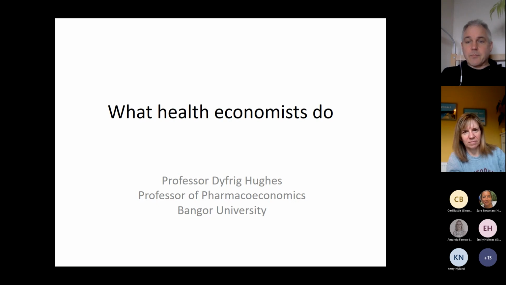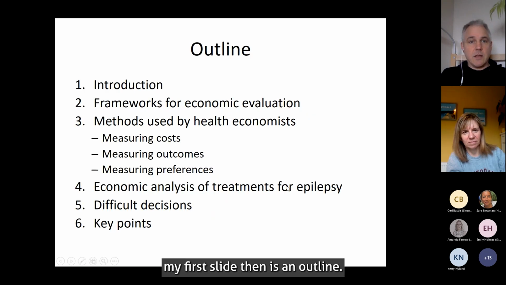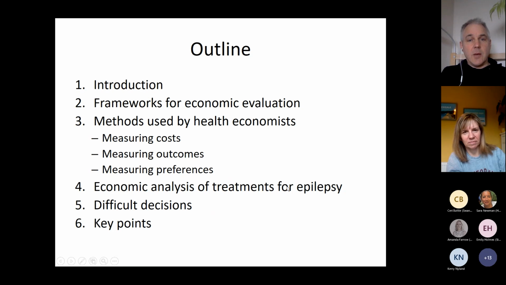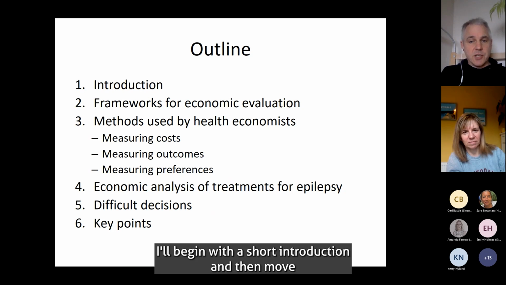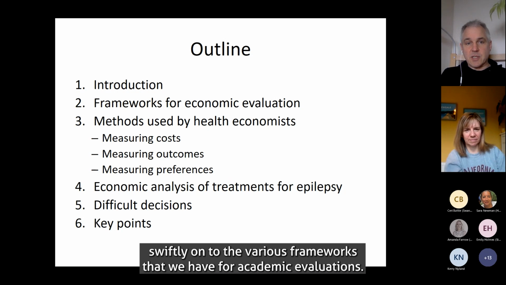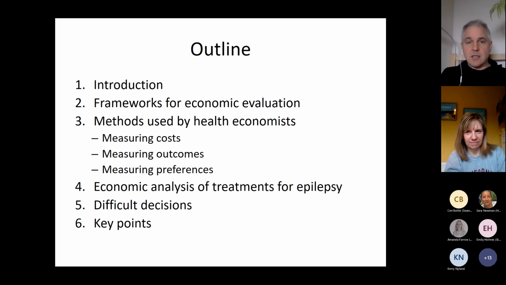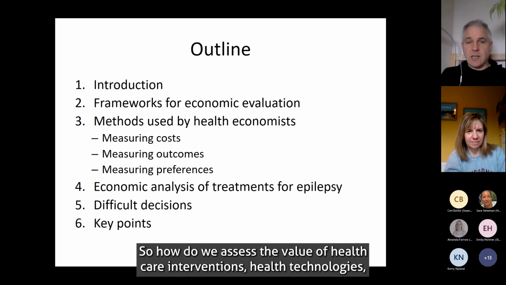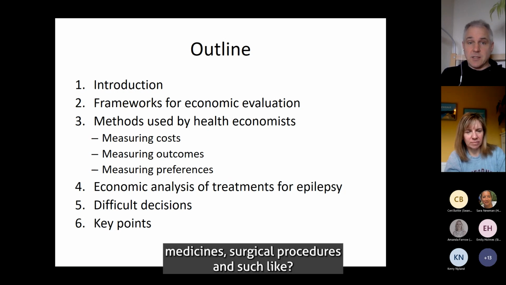So my first slide then is an outline. I'll begin with a short introduction and then move swiftly on to the various frameworks that we have for economic evaluations. So how do we assess the value of healthcare interventions, health technologies, medicines, surgical procedures and such like.